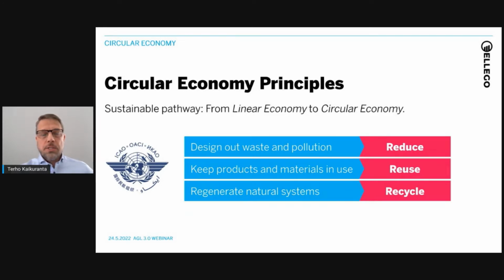The first principle is that components, products and systems should be designed so that they produce minimal waste and pollution. So that's the reduction principle. The second principle is that products and systems should keep products and materials in use, what they already have installed, so minimizing the need to buy something new.